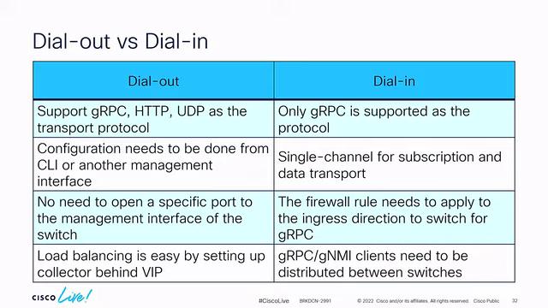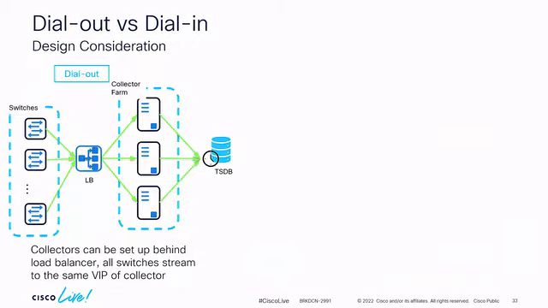And load balancing is going to create a little bit of difference in the design consideration. So let's talk about that. This is dial-out. For a simple setup, you just need one collector. You don't have to care about load balancing. One collector can handle 20 or 40 switches, fairly easy, no problem.